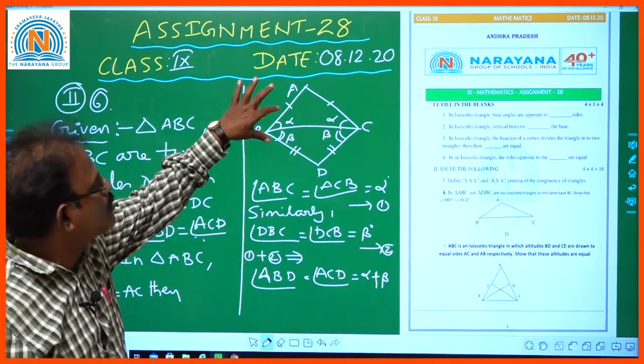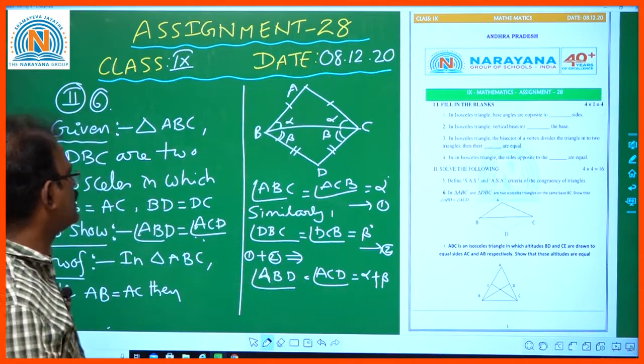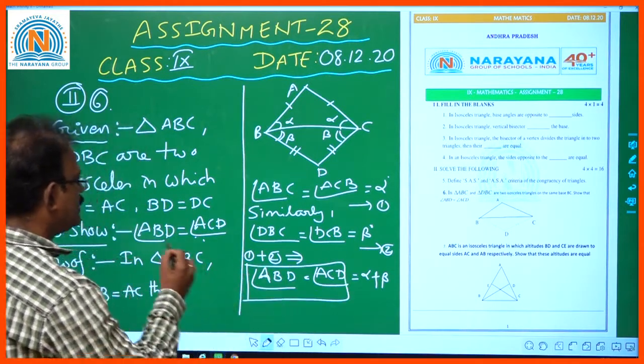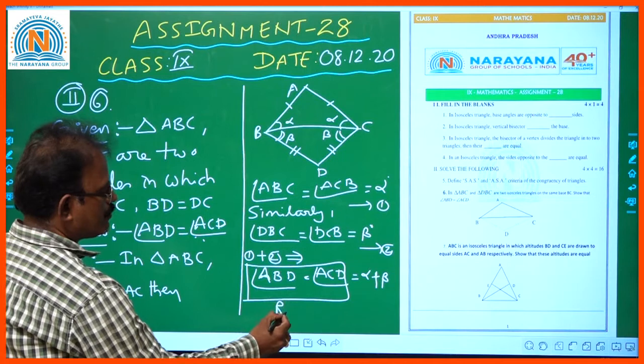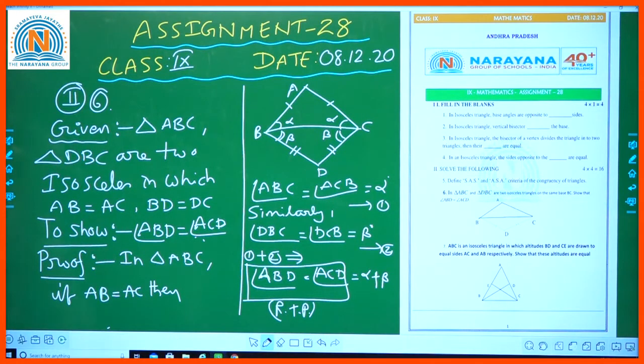So the sum of these two angles is alpha plus beta, and the sum of these two angles is alpha plus beta. So finally we know that ABD is equal to ACD, hence it is proved children. Okay, our next question.